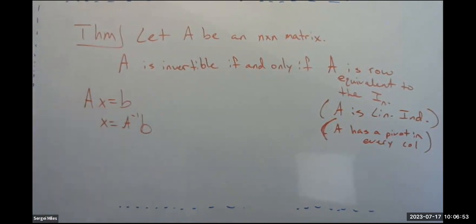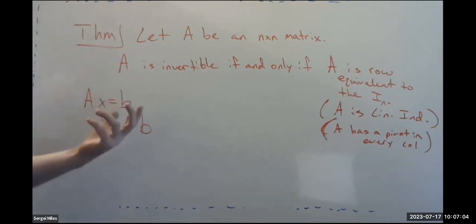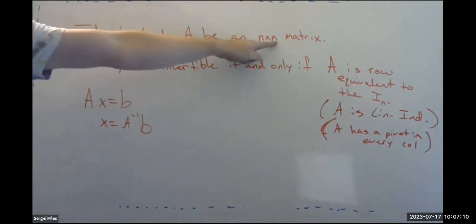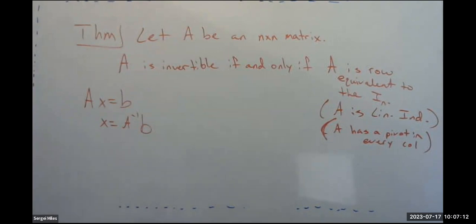Well, if we have a solution for every B, that means we are onto, which means I have a pivot in every row. I have n pivots. But if I have n pivots, that means I also have a pivot in every column. This is something special about square matrices. Onto and one-to-one are equivalent properties when it's square.